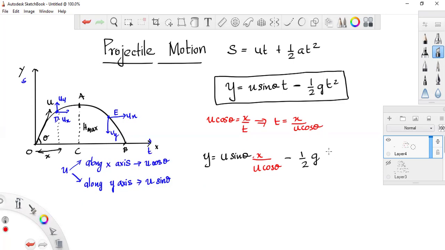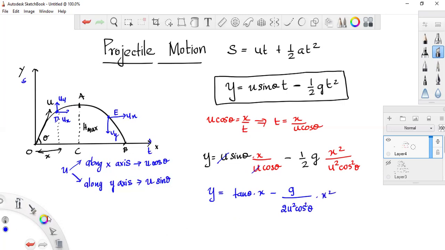So t square gets the value x square by u square cos square theta. Now the sin and cos become tan. So y is equal to tan theta into x minus g by 2 u square cos square theta x square.